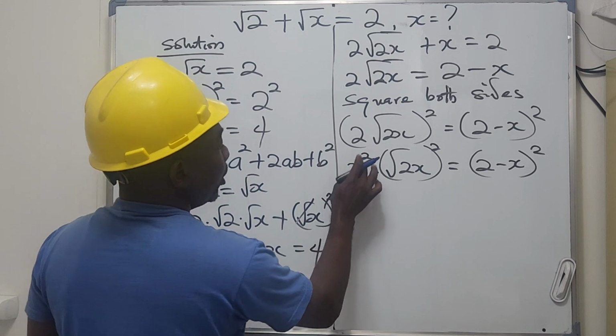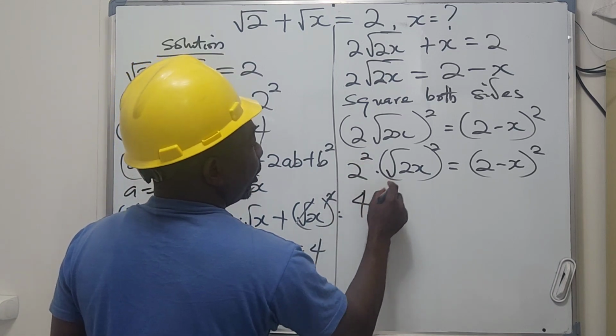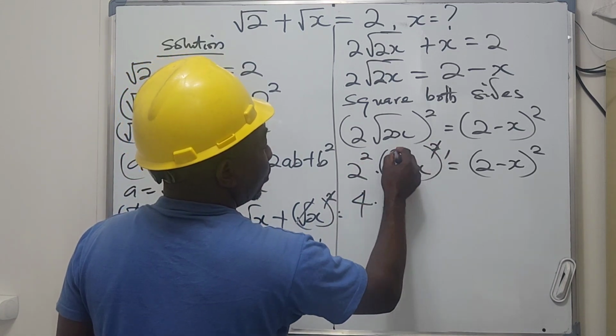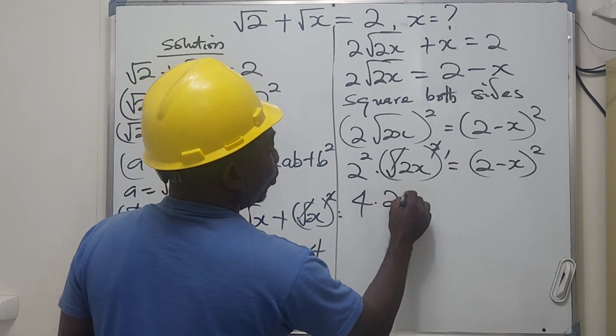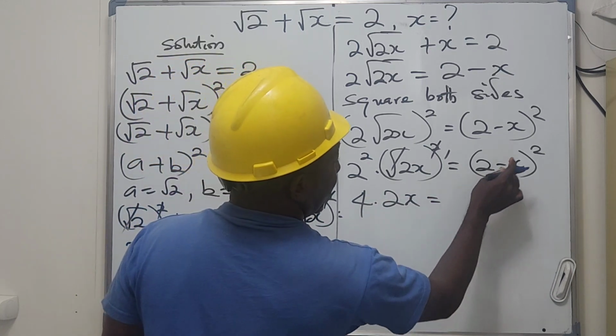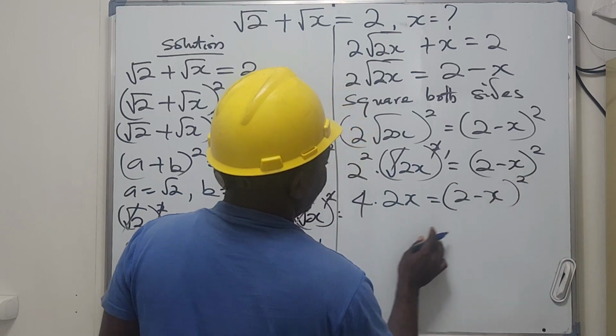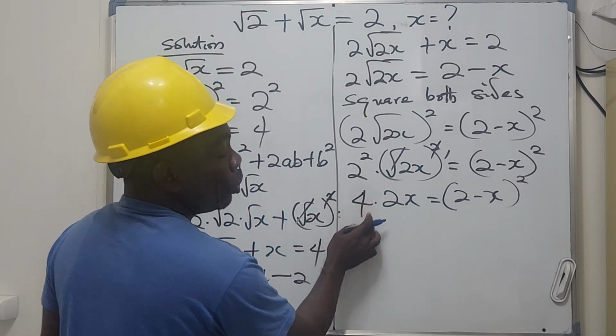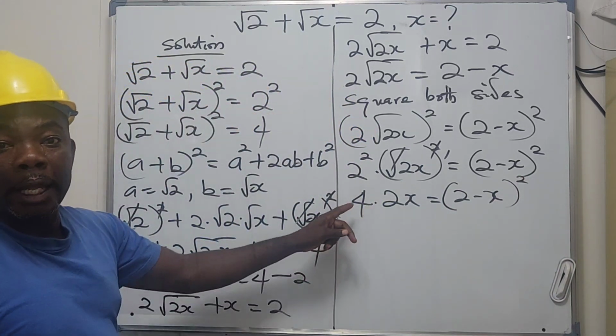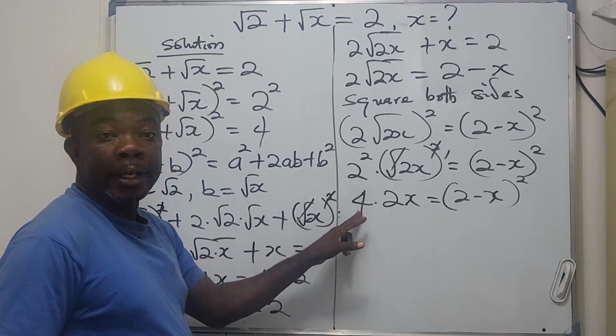So here 2 to the power of 2 will become 4 times this one, the square and root cancel. We are now left with 2x equals 2 minus x all to the power of 2. This is the same thing as having 4 times 2x becomes 8x.